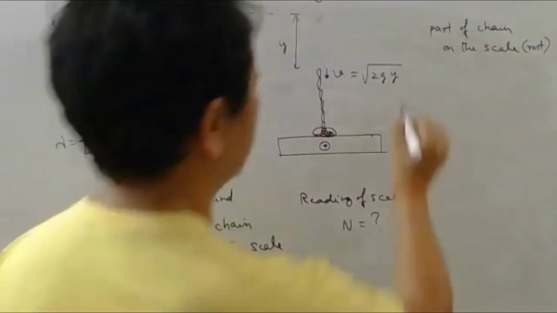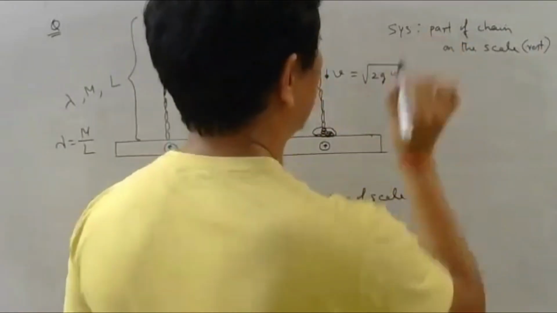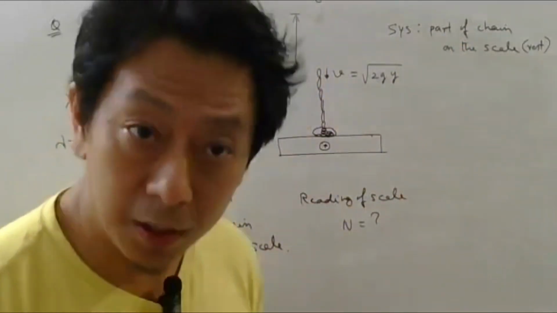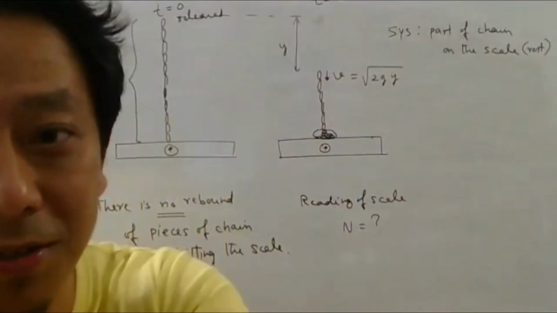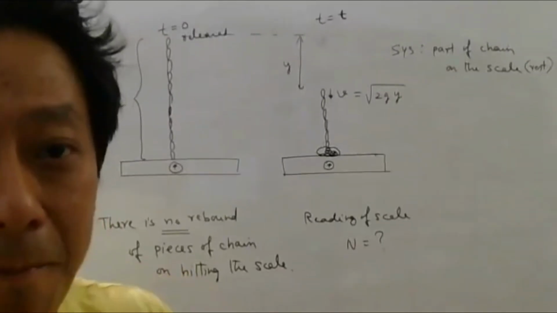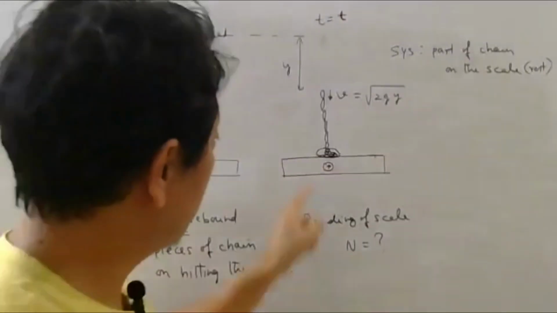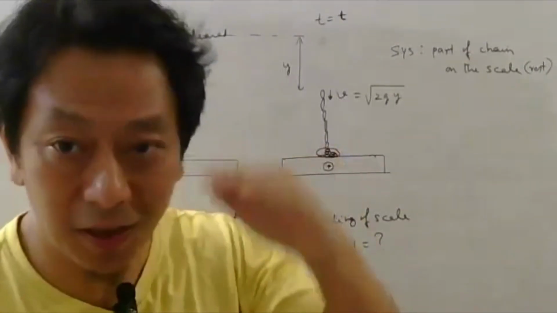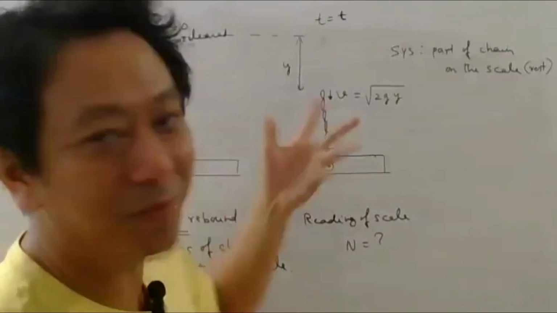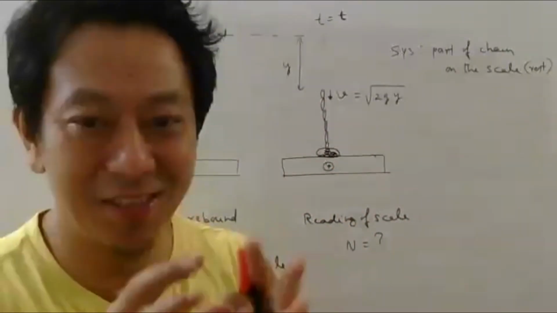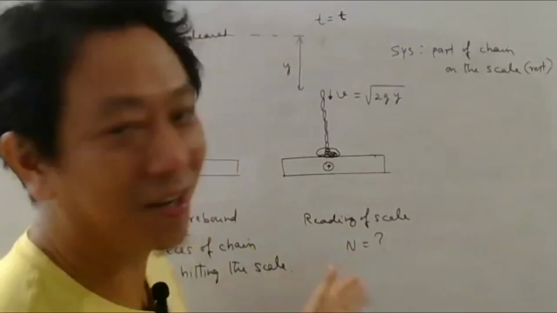Now tell me, is this system a variable mass system or a constant mass system as time passes by? You can't choose any random thing as system. You have to see something which will give you the answer.